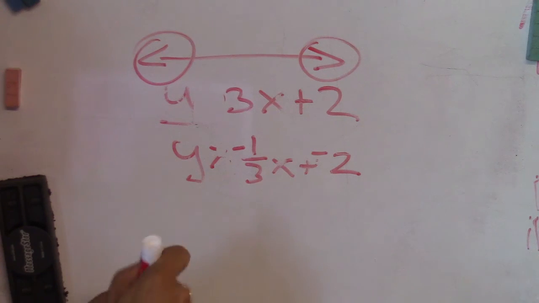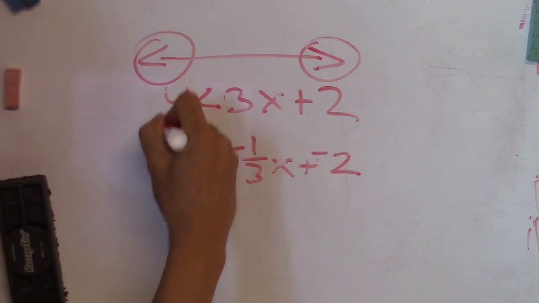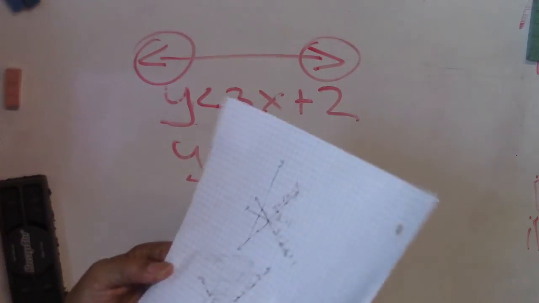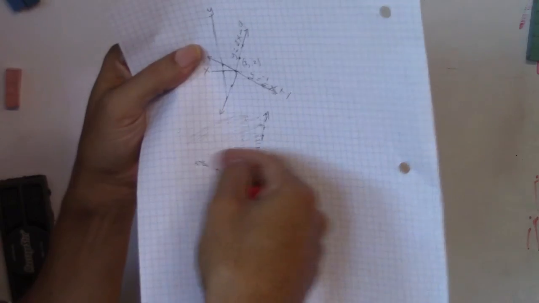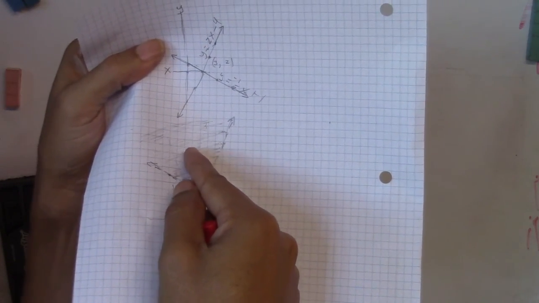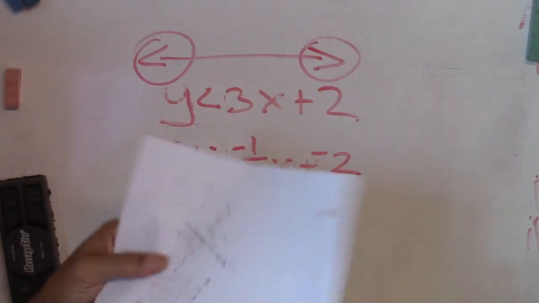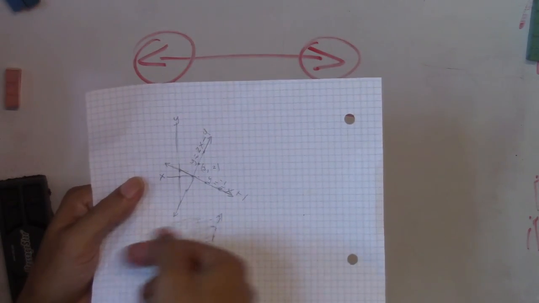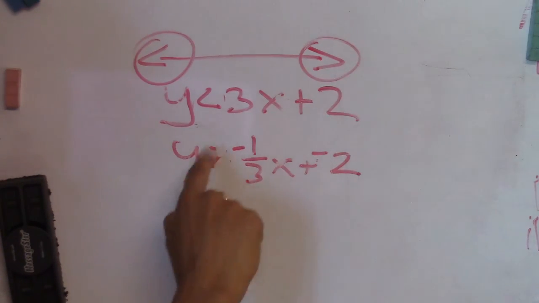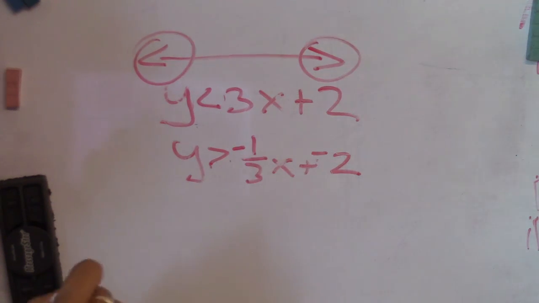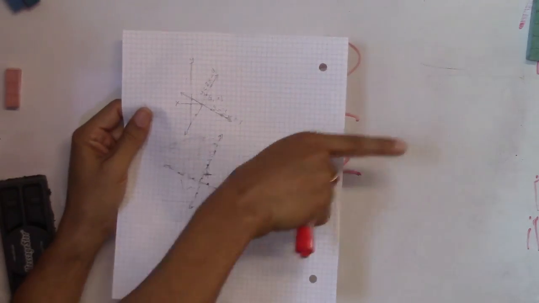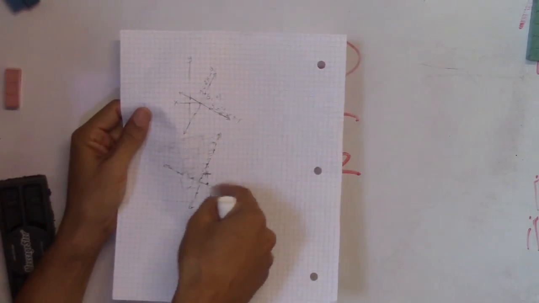Okay, so if I do this, y is less than that. Well, I'm on this side of that line. Because the arrow tells me that it's everything over here. Y is everything over here. Now this one, oops, and now this one's messed up. And if I do that, now it tells me on this one that y is everything over there, on that side of that line.